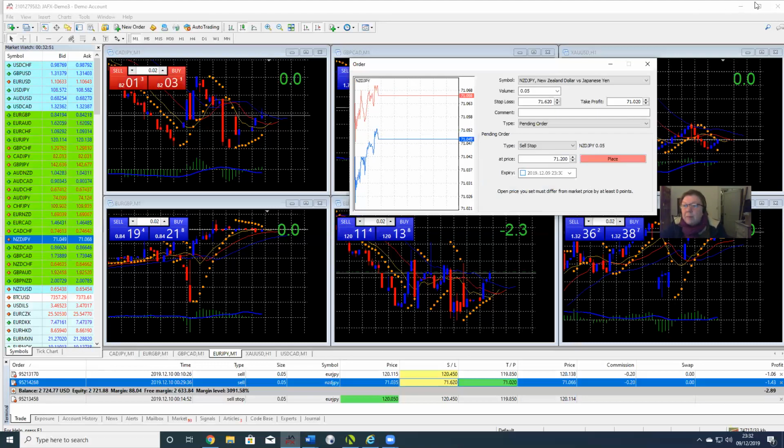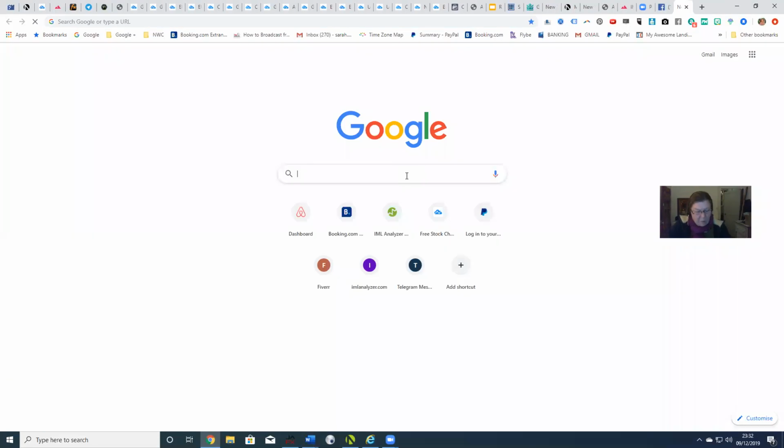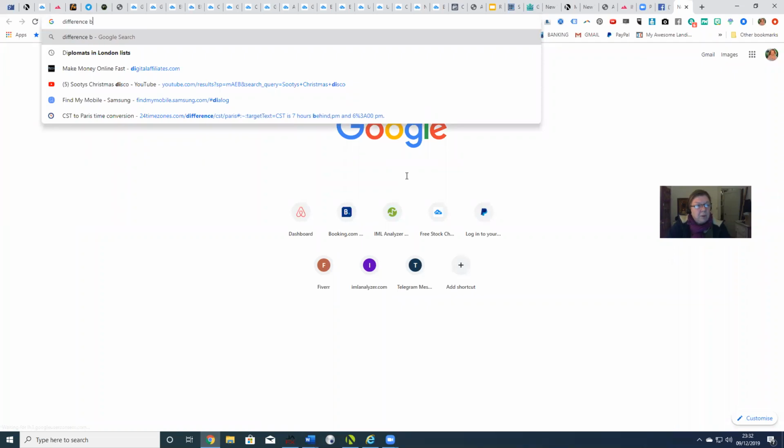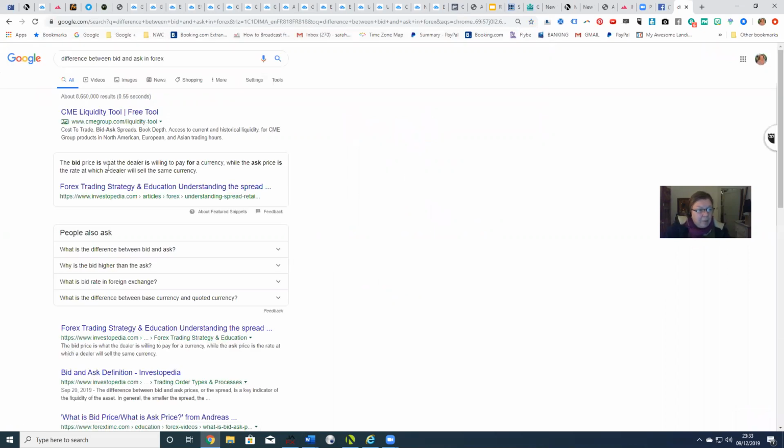Right, hang on a minute. Let me just minimize that. Remember which way the difference between bid and ask. Forgotten. The bid price is what the dealer will pay for a currency, and the ask price is the rate at which they sell the currency. So we're looking at the ask price.